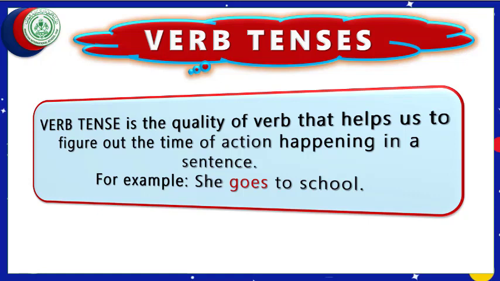When we read a sentence, as I have given here one sentence, that is, she goes to school. In this sentence, goes is the verb tense which tells us when this action happens, or happened, or is happening, or will happen.